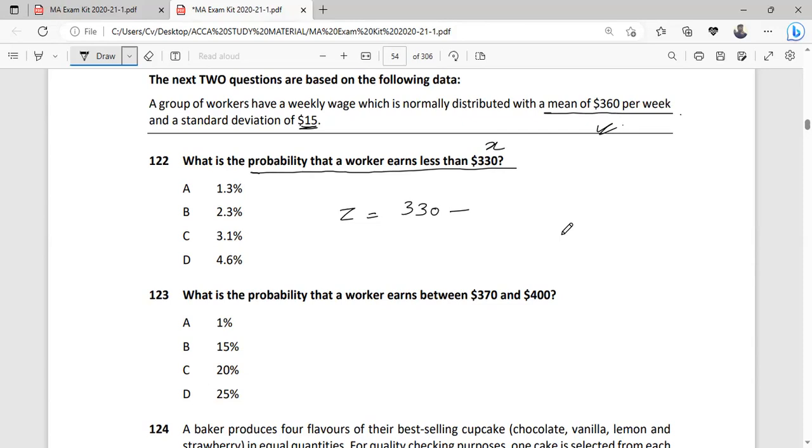So 330 minus 360, divided by standard deviation of 15. So we will solve this one. Answer will be -2.